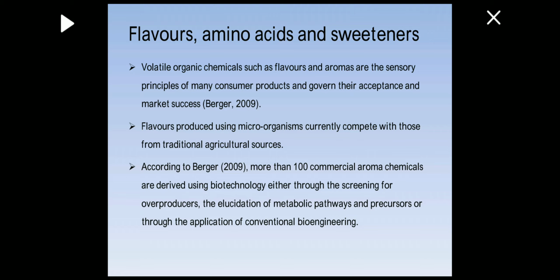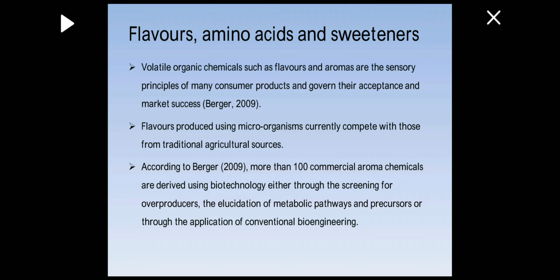So the flavors are actually chemical compounds. Once it has been identified that a specific compound has a flavor property, it is investigated in which pathway of the microorganism that specific compound is produced, and then that process is focused on.